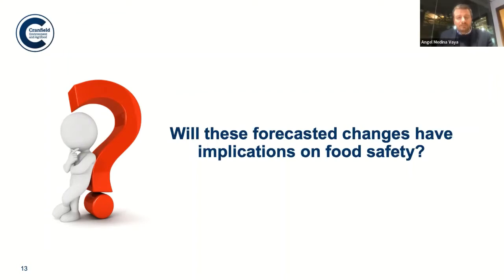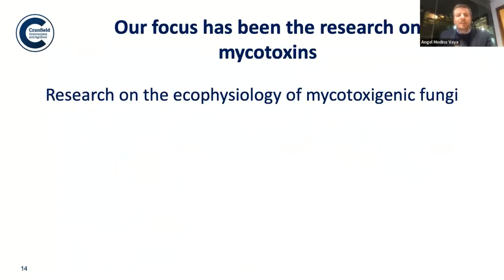for food safety? Again, this talk today is going to be about the research that we've been doing with regard to mycotoxins. In the Applied Mycology Group, we do a lot of ecophysiology on the fungi that produce mycotoxins.